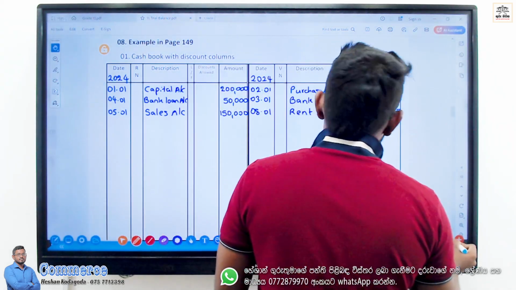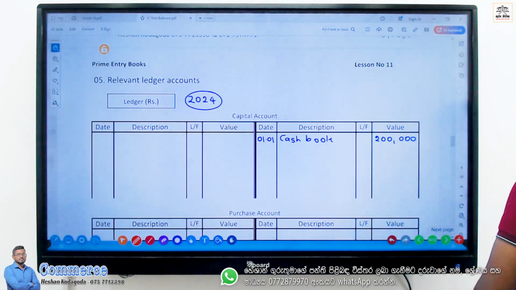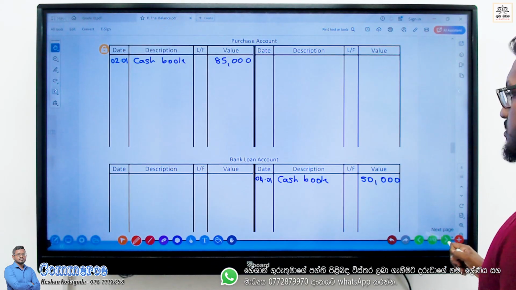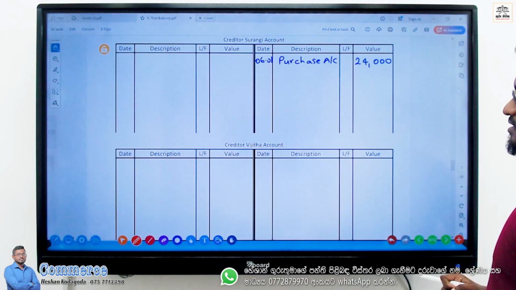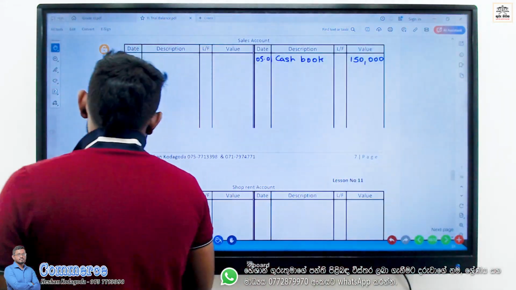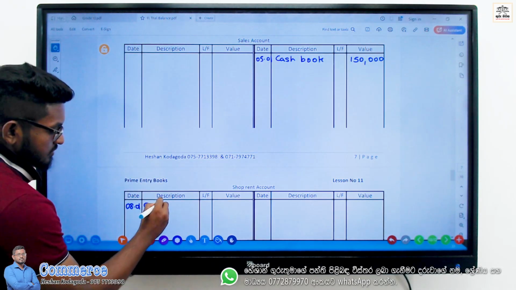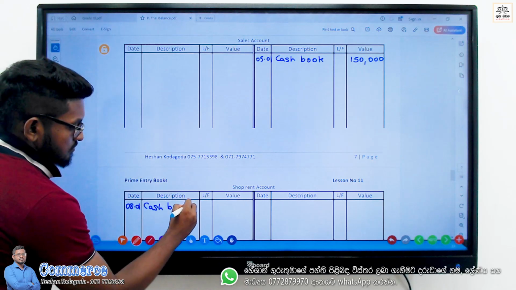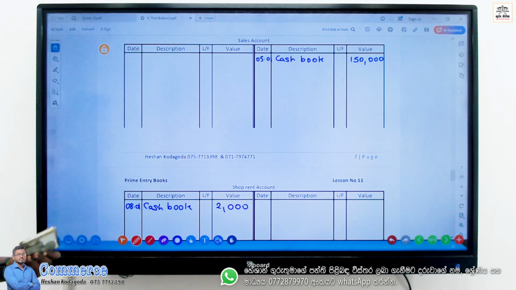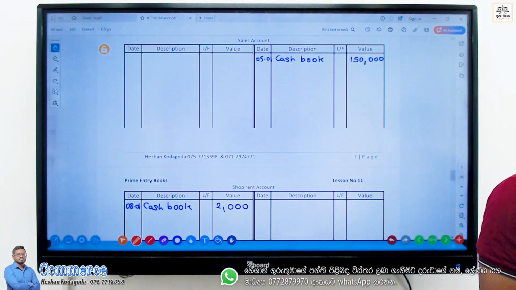Go to the shop rent account debit side. 8th of January, cash book, 2,000. Okay, guys, understand? Hello, can you hear me?